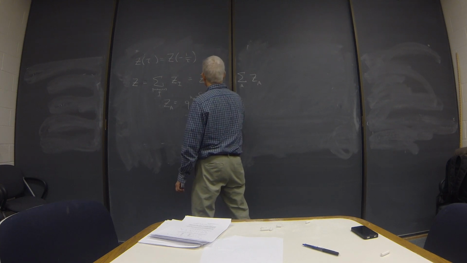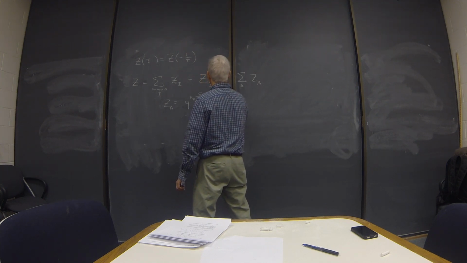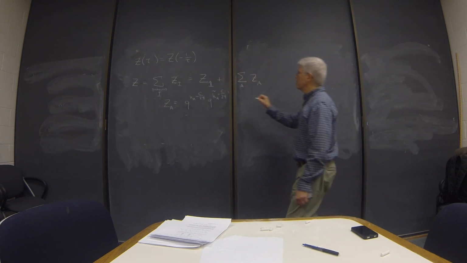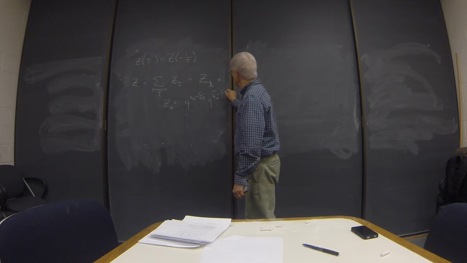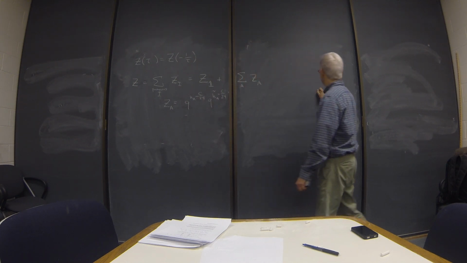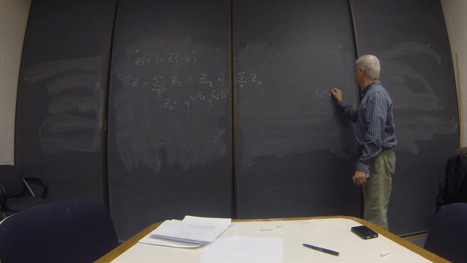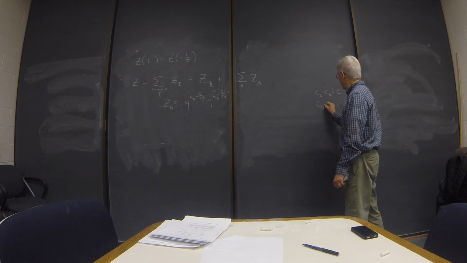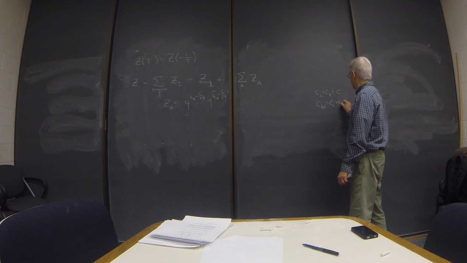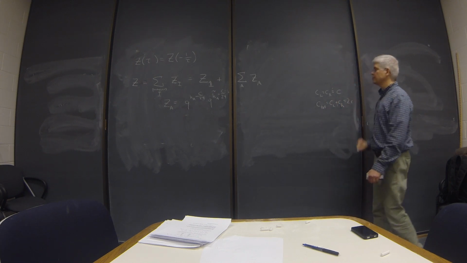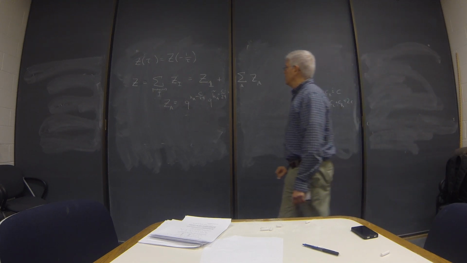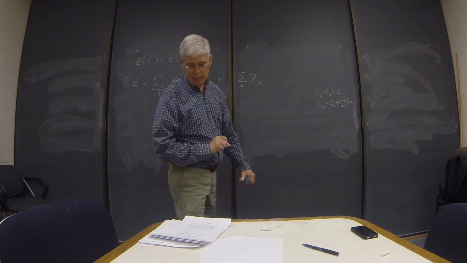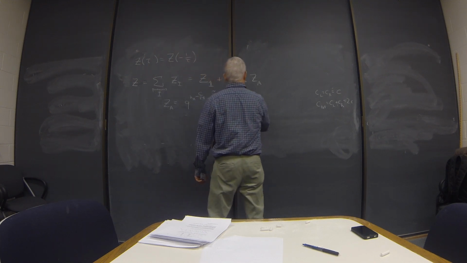Normally this would be c left and c right, but for simplicity I'm going to assume c left equals c right equals c. Sometimes I'll also talk about c total, the sum of c left and c right, so that's 2c. And then these get multiplied by the Dedekind eta functions.